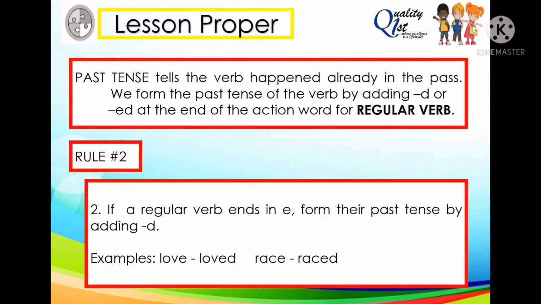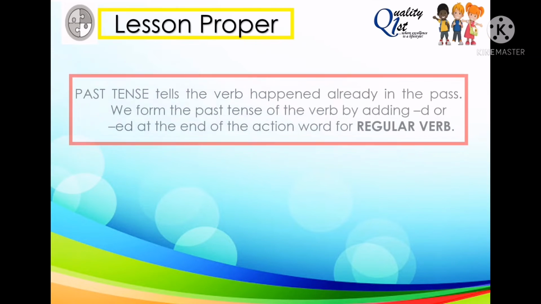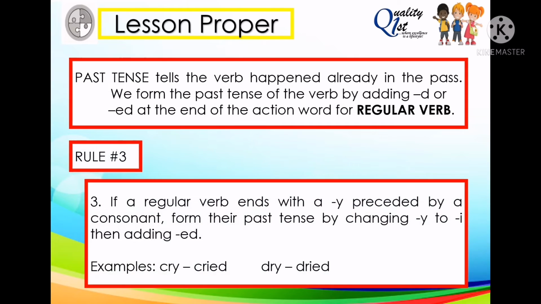Now let's pull up the next slide. For rule number 3, if a regular verb ends with a Y, okay? If a regular verb ends with a Y preceded by a consonant, form their past tense by changing Y to I, then add ed.